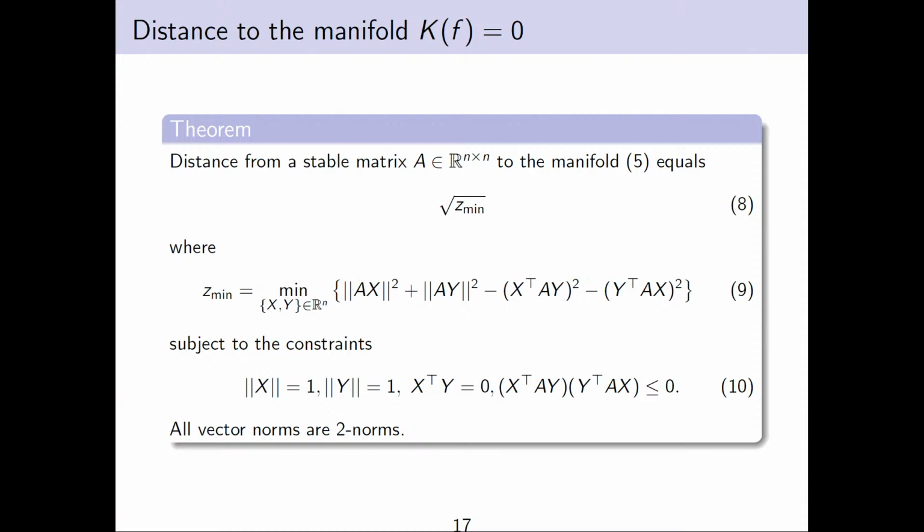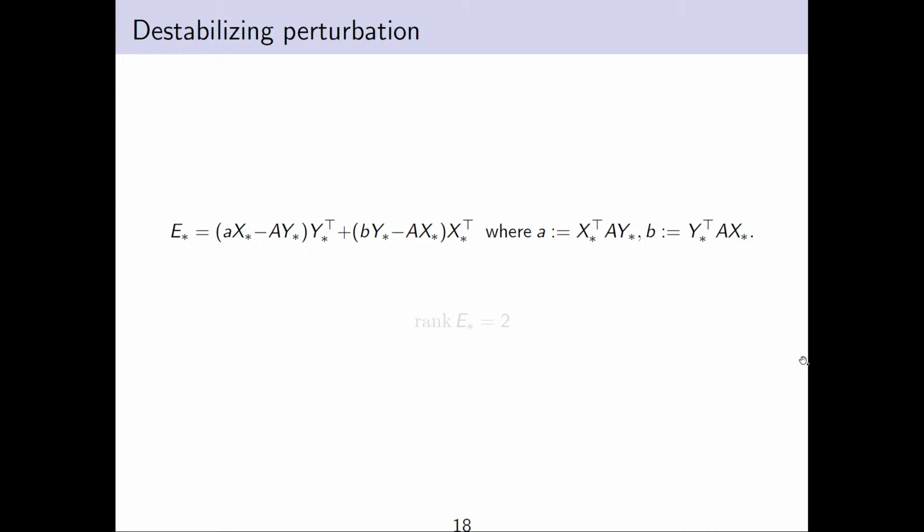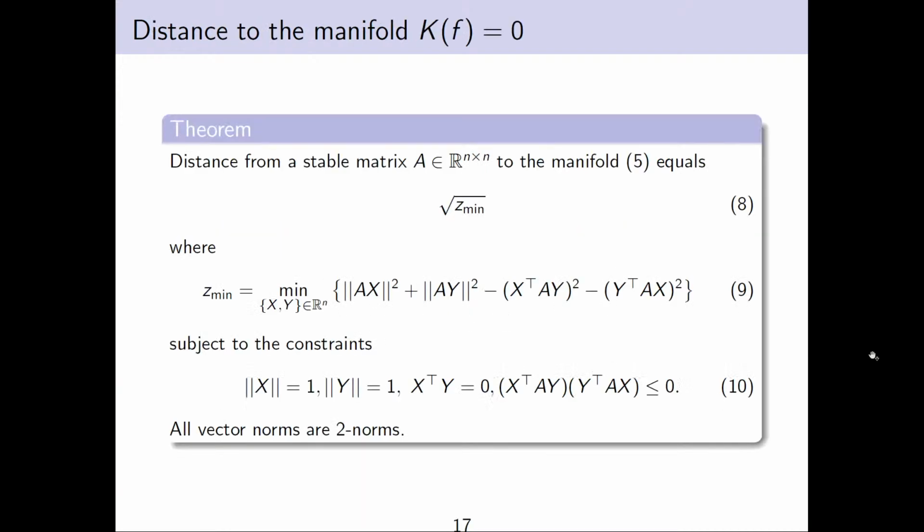In our consideration, we started with this theorem that belongs to one law. In this case, the destabilizing perturbation is found, as you can see, and its rank is 2. As you can see, the function that we have to minimize is complicated.